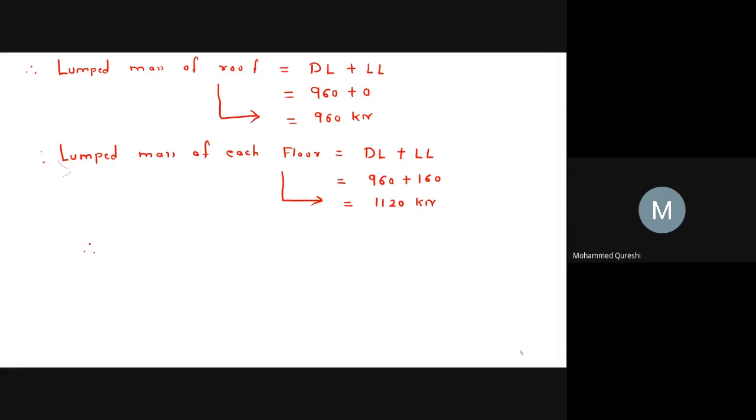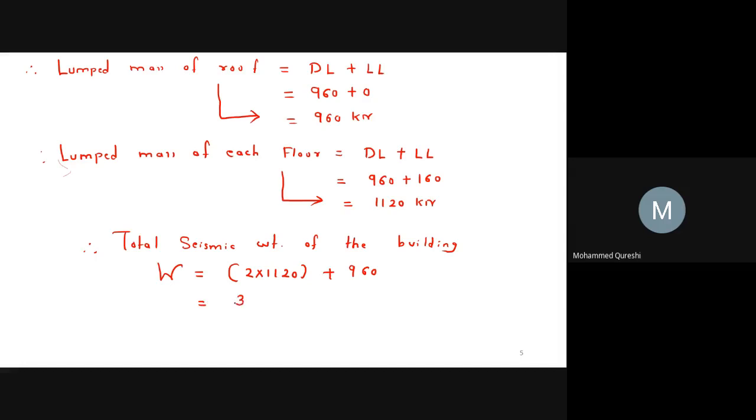So therefore total seismic weight of the building, that is capital W, equals 2 into 1120 plus 960.